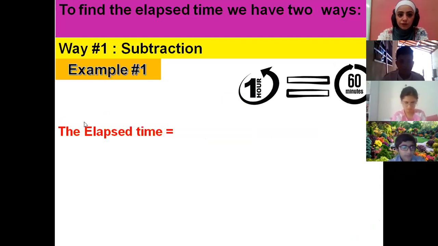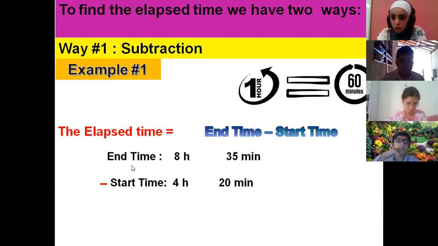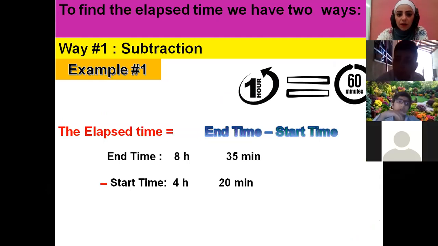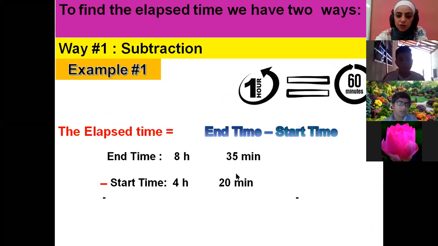So first of all, look, the ending time minus the starting time, as I told you. We have 8 hours and 35 minutes. This is given. You finished doing something at 8 and 35 minutes. The time that you started doing that thing is at 4 with 20 minutes. To find the elapsed time, you always subtract the ending time minus the starting time.